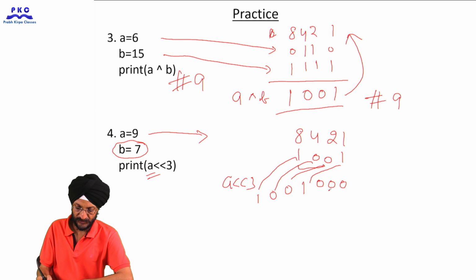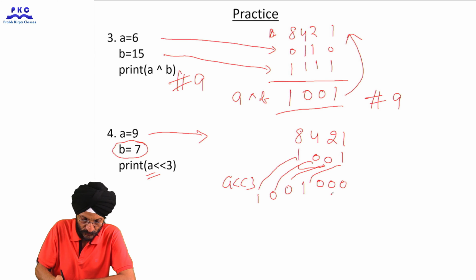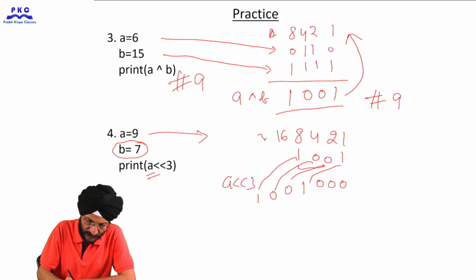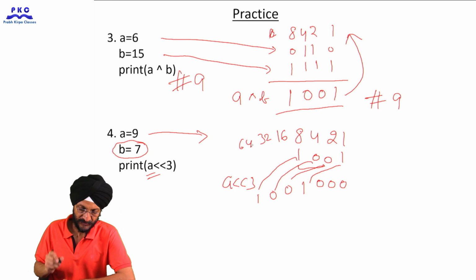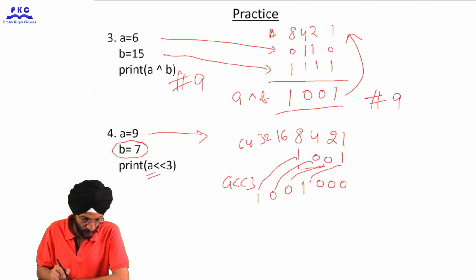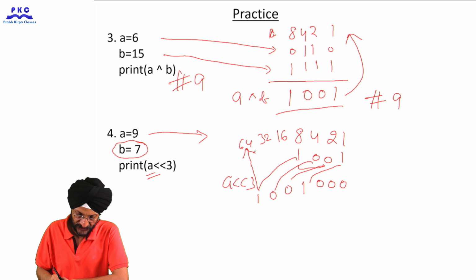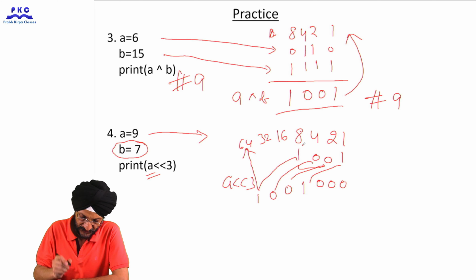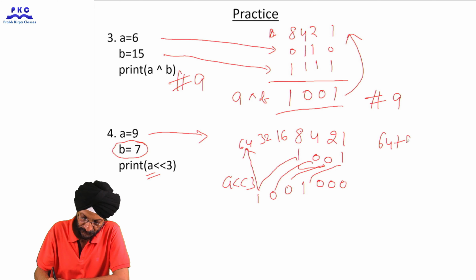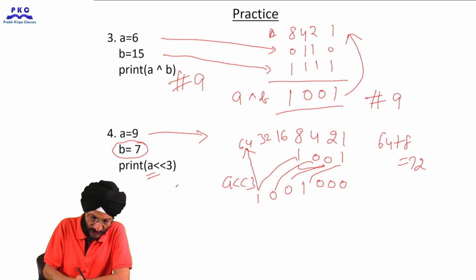So this is the position: 1 0 0 1 0 0 0. Now we will have to increase these place values by 3. So this is the position. Now we will add these. The first one represents 64 and this one represents 8. 64 plus 8 is 72. So the output will be 72.